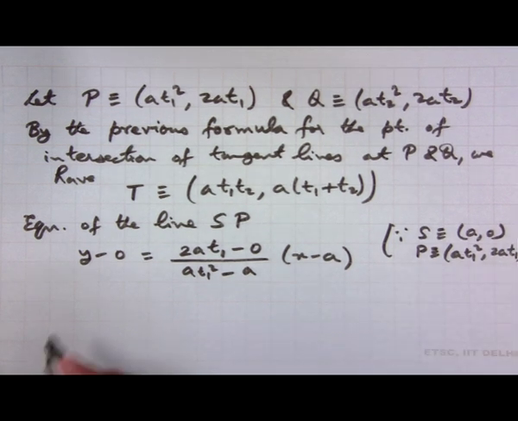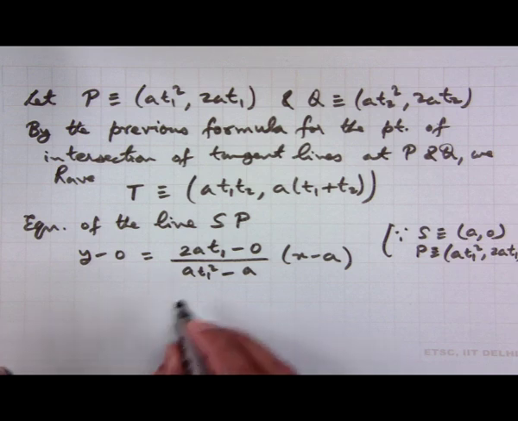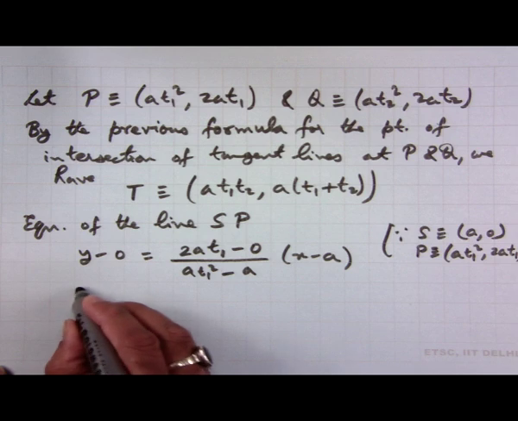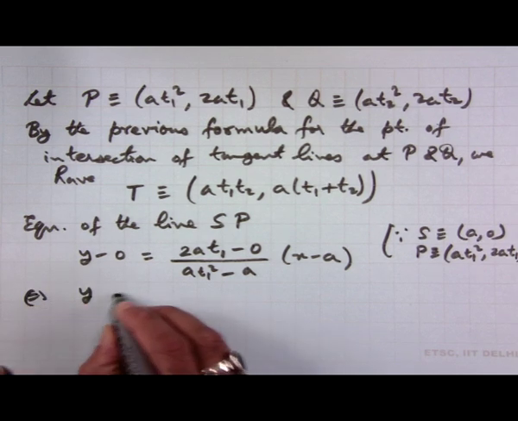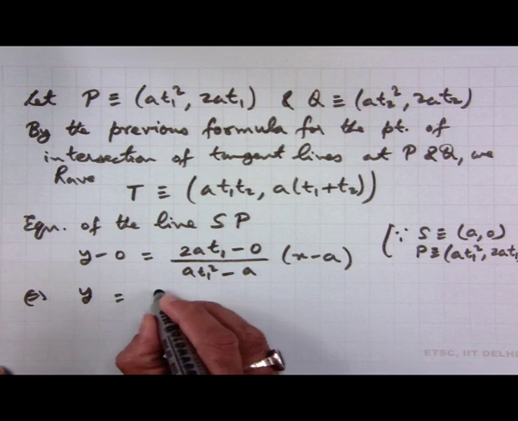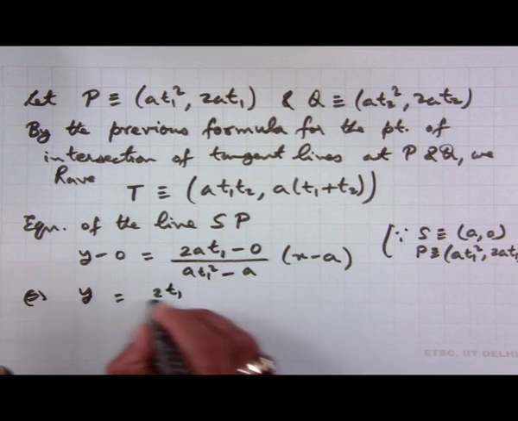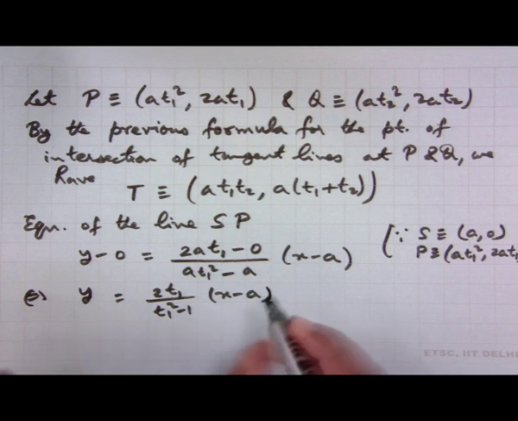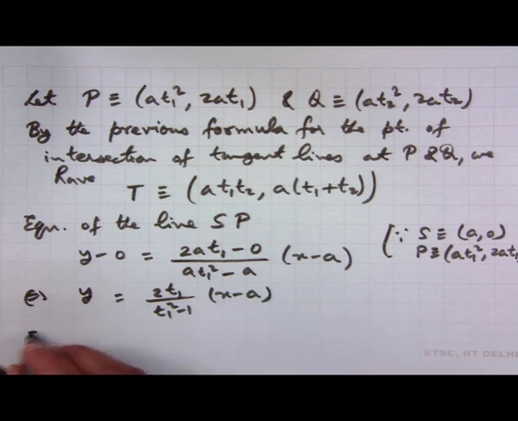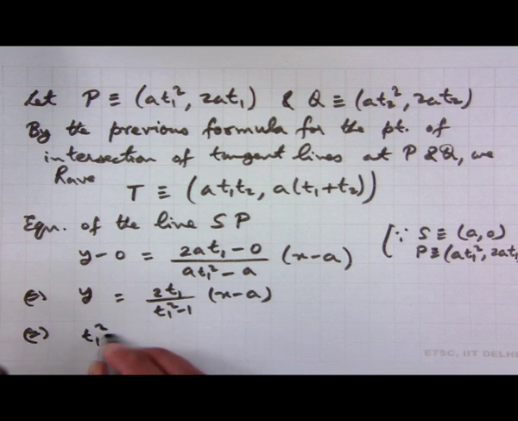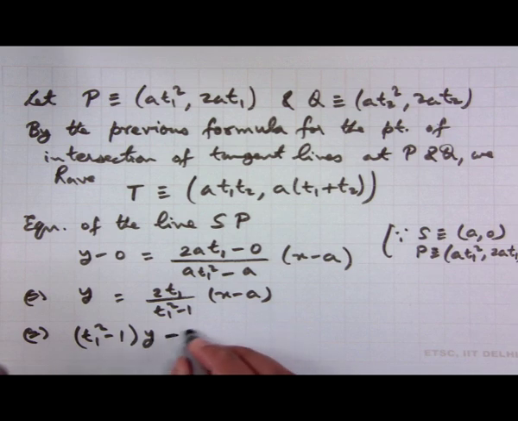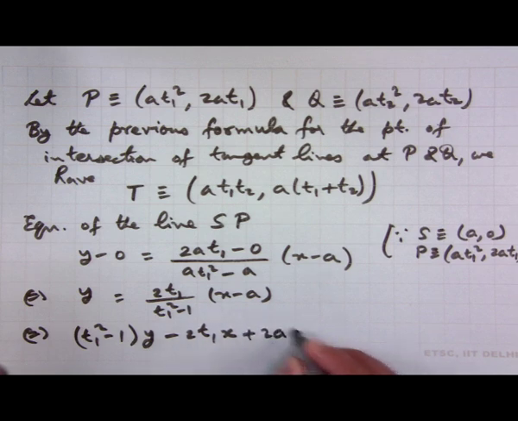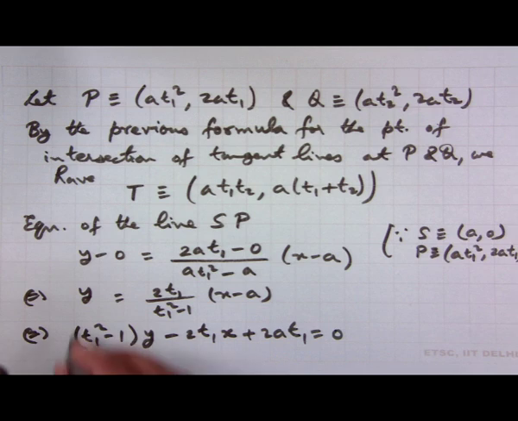So, this gives y equal to 2 t1 by (t1 square minus 1) times (x minus a), that is (t1 square minus 1) y minus 2 t1 x plus 2 a t1 equal to 0.